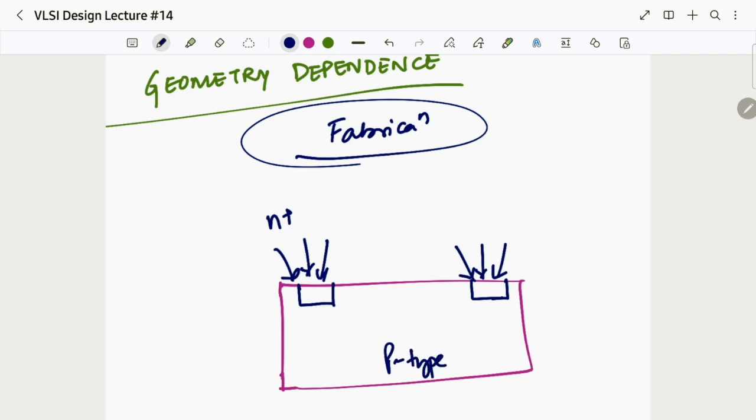And what does bombard mean? It is what you're thinking, like you might have seen in some documentaries that during World War I or World War II they used to drop missiles at those exact locations to kill the enemies, right? So basically we are dropping the n plus dopants at the locations where we need to create our source and drain.